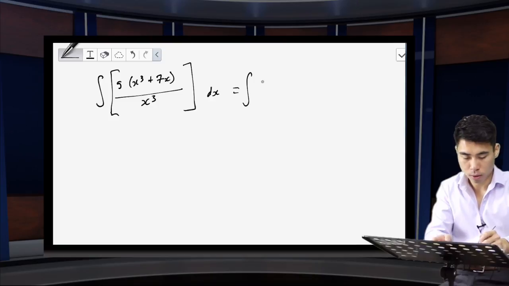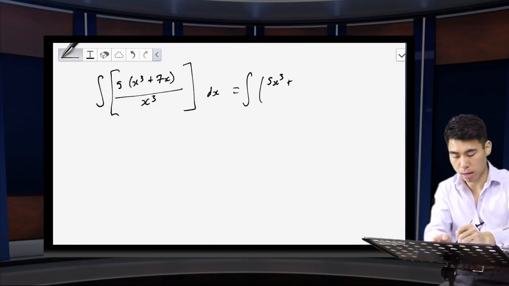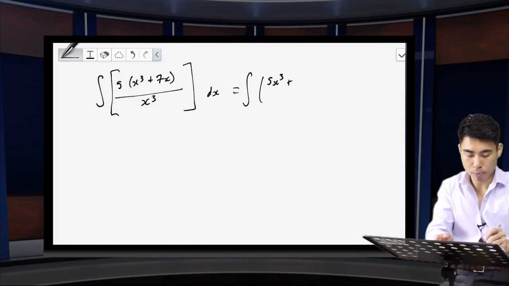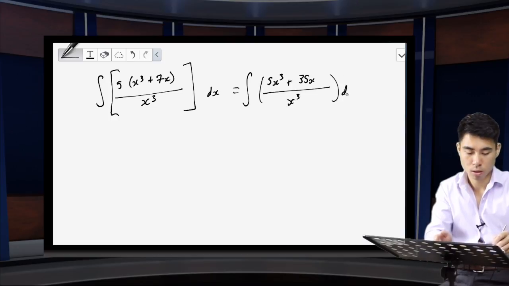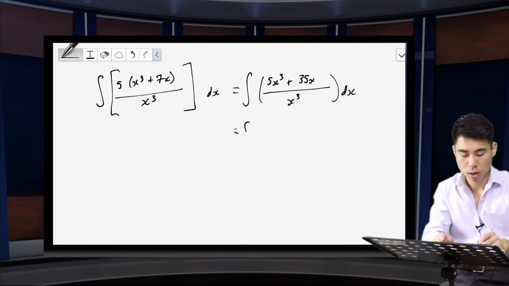Integral of, so just expanding the top, 5x cubed plus, that's this times by this, now this times by this. 5 times by plus 7x gives me plus 35x all over x cubed, integrating with respect to x. Now I can split up this fraction here.